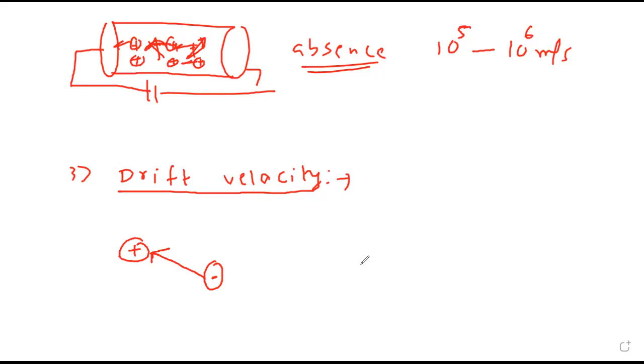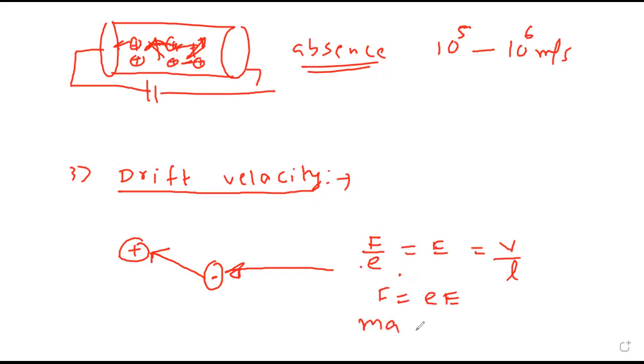It started moving in this direction because the battery is supplying them energy in the form of force, which we know force upon charge is electric field, and electric field is potential upon length of conductor. So each electron gets force eE. That means it gets acceleration by using Newton's second law, eE upon m. So this acceleration changes either the magnitude of velocity or direction. So when it starts from some point A, it collides with the other one, now comes to rest.